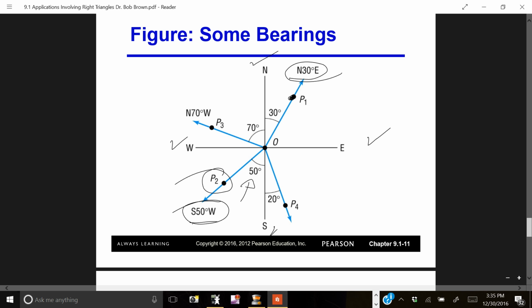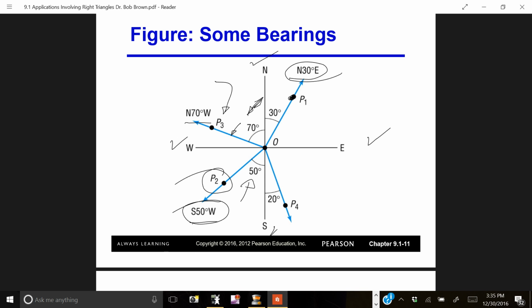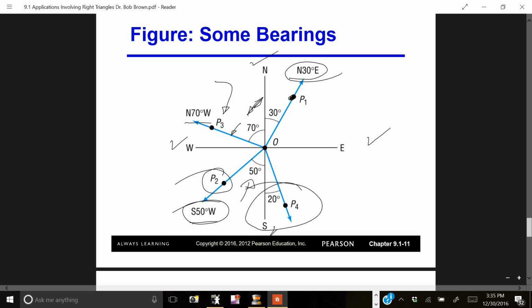And then, if you're point 3, that's 70 degrees from a northerly direction. You would say the bearing is north 70 degrees west. That's 70 degrees towards the west from north. And I'm going to ask you to write down for point 4 what you think the bearing should be.